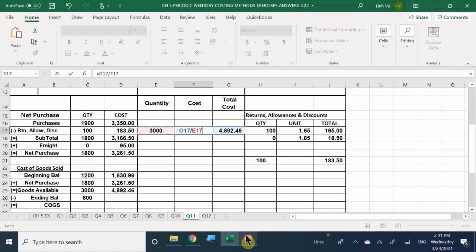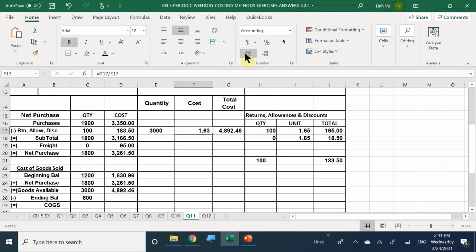I don't care how much my freight was. All I care is taking the grand total and dividing it by my grand total quantity, which gives me $1.63082. Okay. So that's my average cost per item.